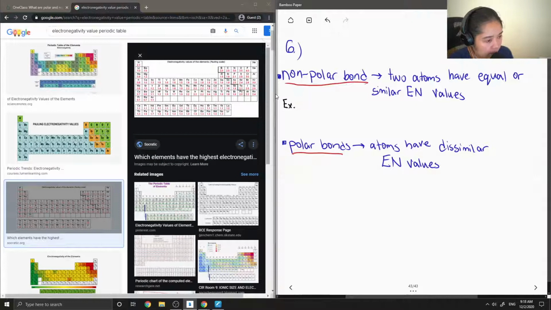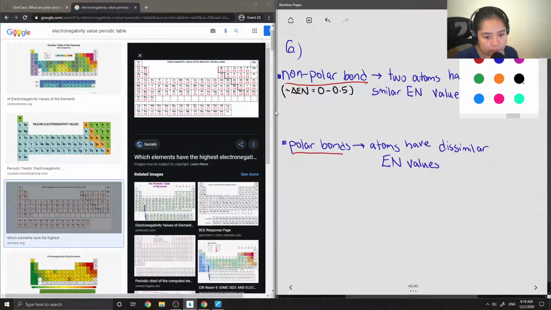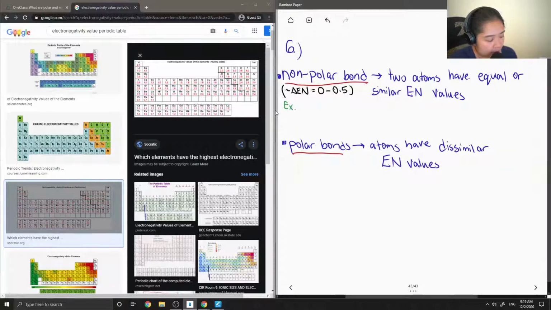So nonpolar bonds generally have an electronegativity difference that is equal to 0 to 0.5. So let's say we had a diatomic molecule such as N2.